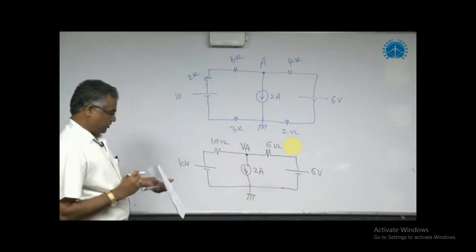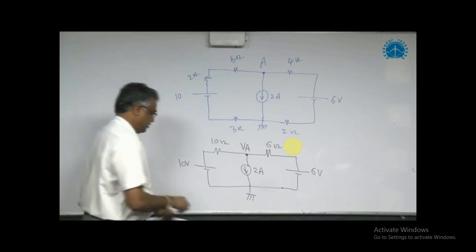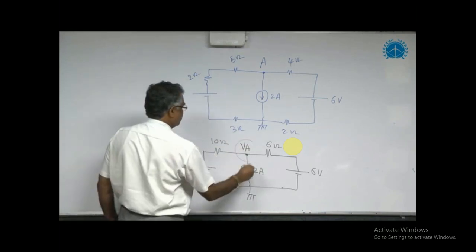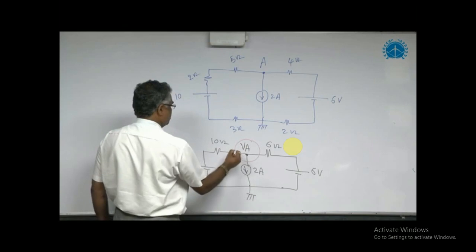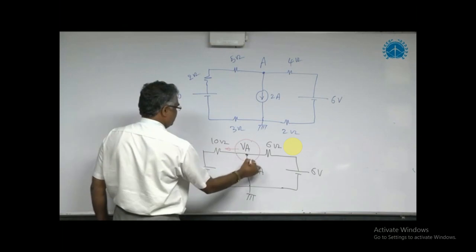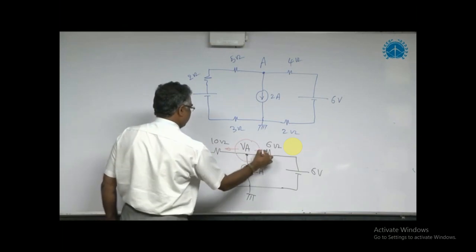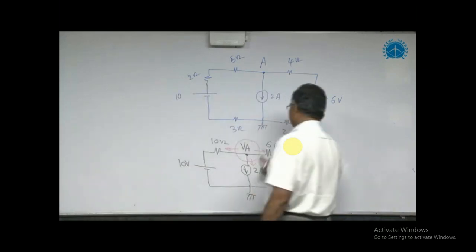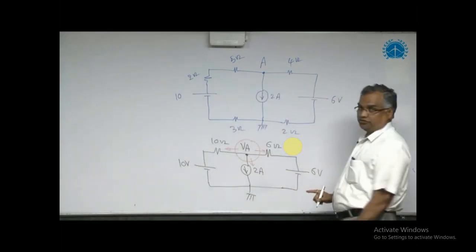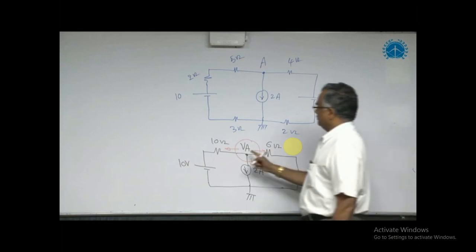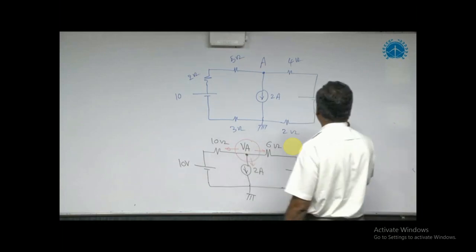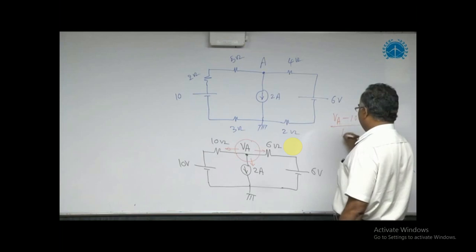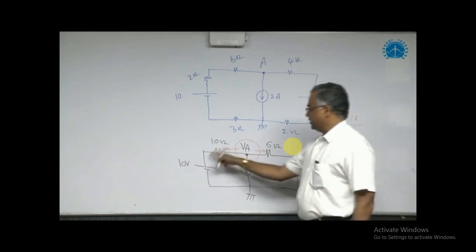Now we can solve easily using nodal analysis. If you consider this as a node, we can assume all currents are leaving. Not compulsory, but I am assuming all currents are leaving. Sum of the currents leaving from this node is equal to 0 as per the current law. So what is this current now? VA minus 10 by 10. This is the current leaving.